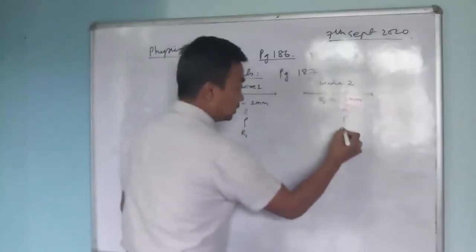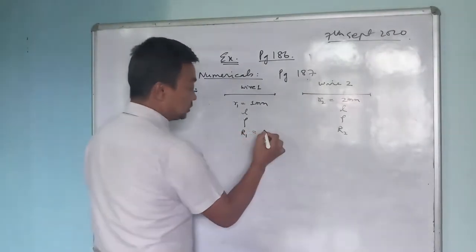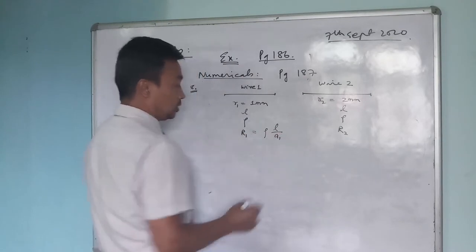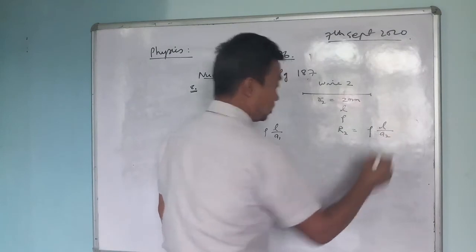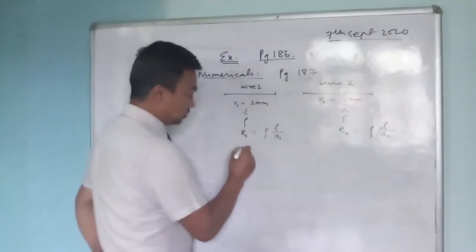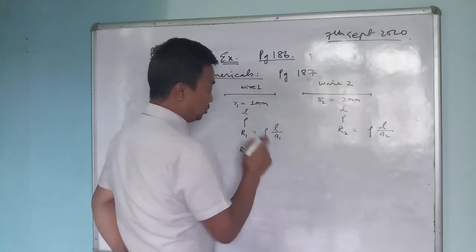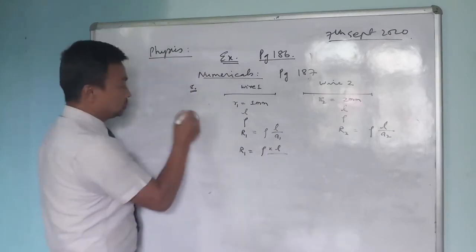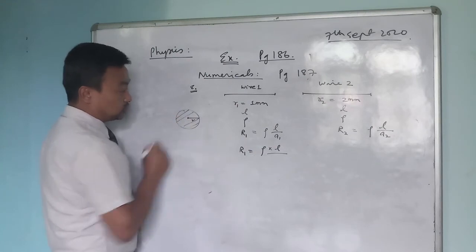But the resistances will be different. Let us say R1 and R2. We have to find the resistances in terms of specific resistance. Like this you have to solve it. The specific resistance for both is rho, the length is also L. Now, the area of the cross section: suppose this is a wire, this is the cross section, and look at the shape of the cross section.